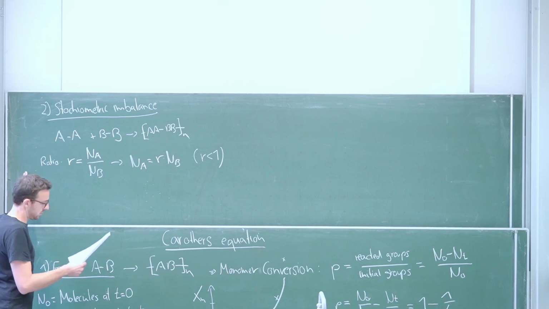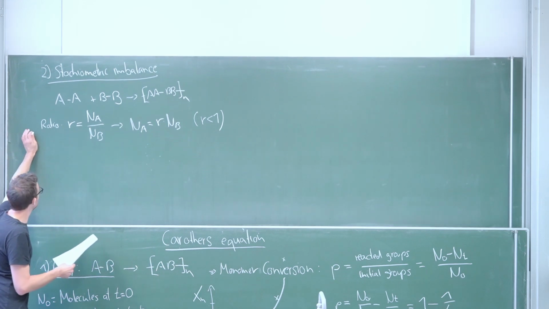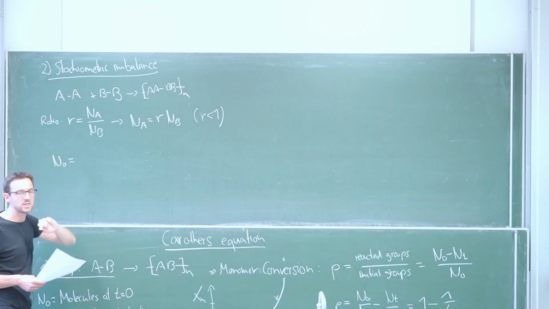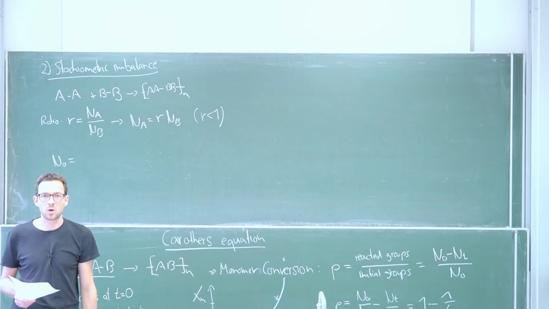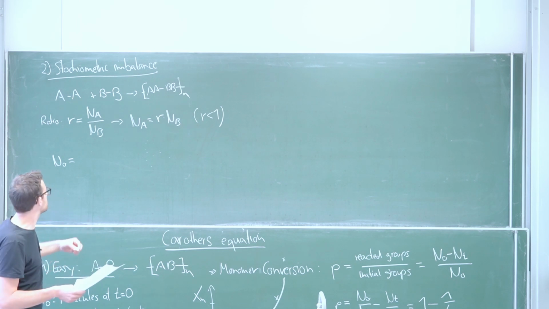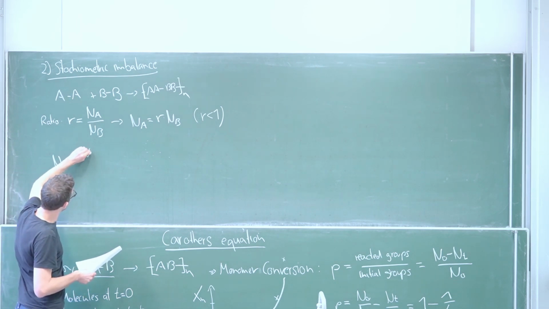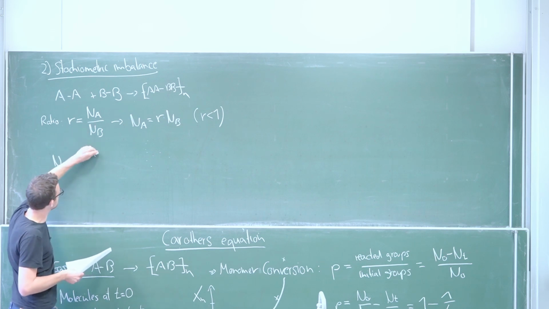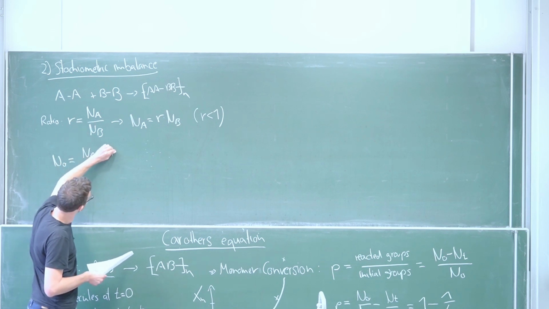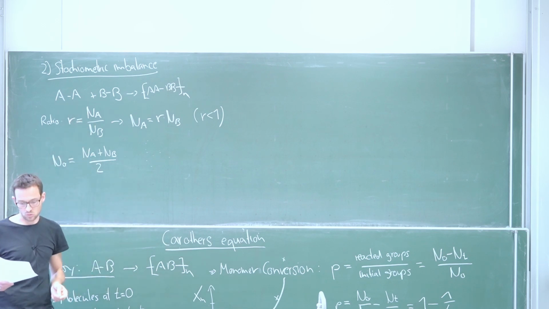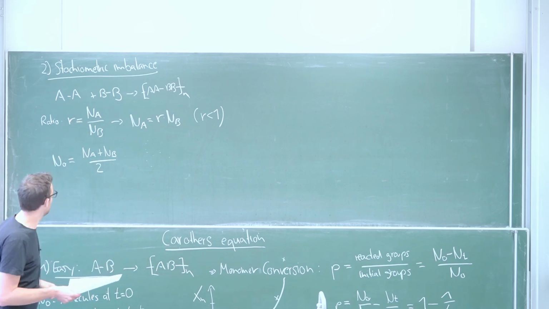Okay, so now what else do we need? N0, the number of molecules in the beginning. We can now express from the functional groups the total number of A's plus the total number of B's, divided by 2, because each molecule has 2 functional groups.